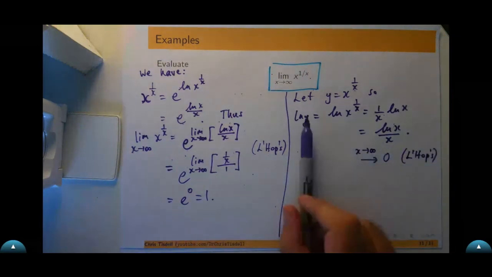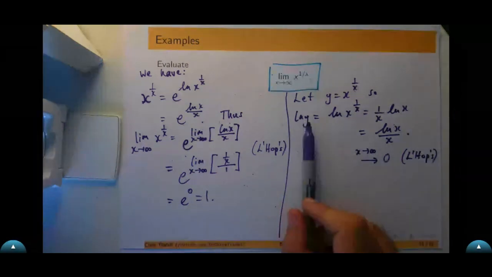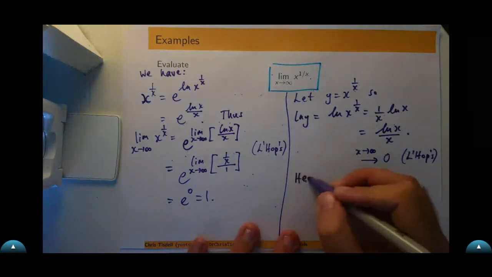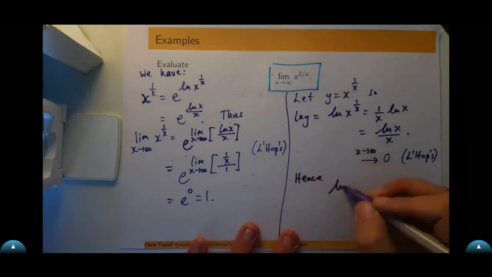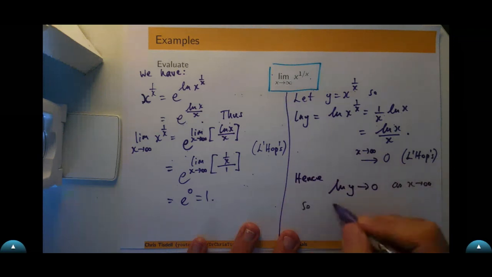So what that means is log of y goes to 0 as x goes to infinity. So what will y go to? y must go to 1. Natural log of y goes to 0 as x goes to positive infinity, so y must go to 1.